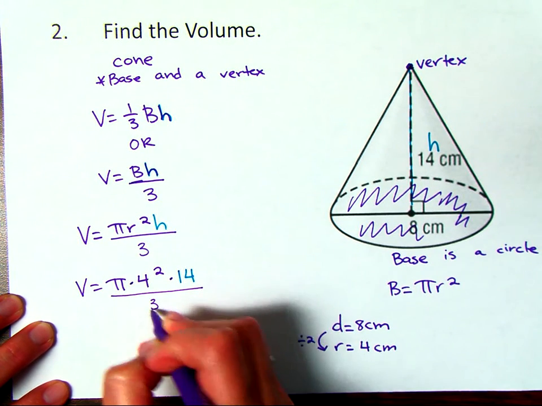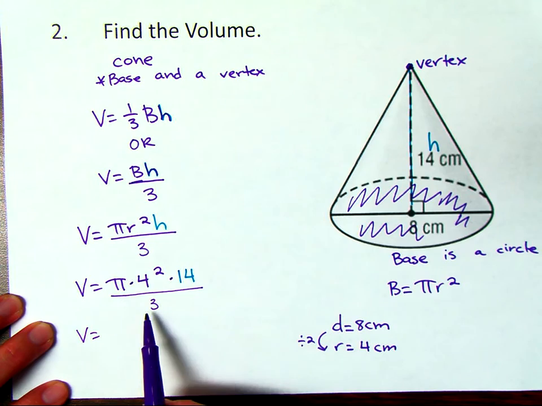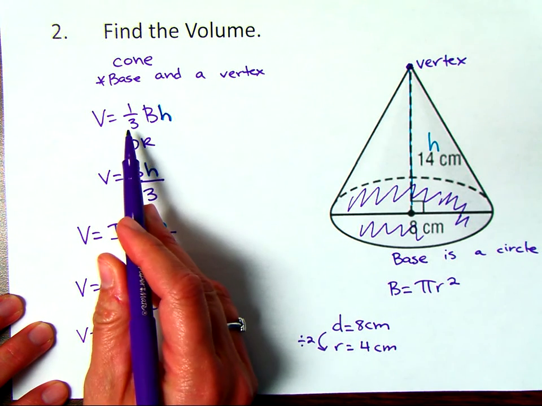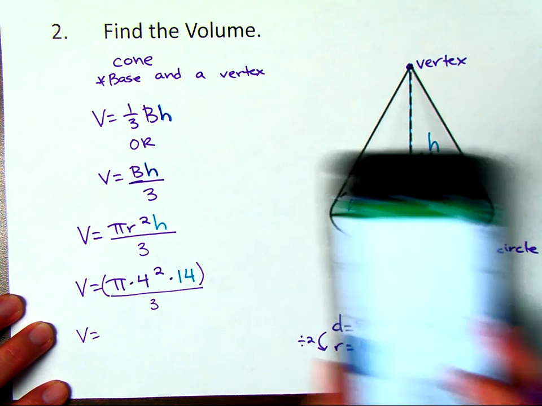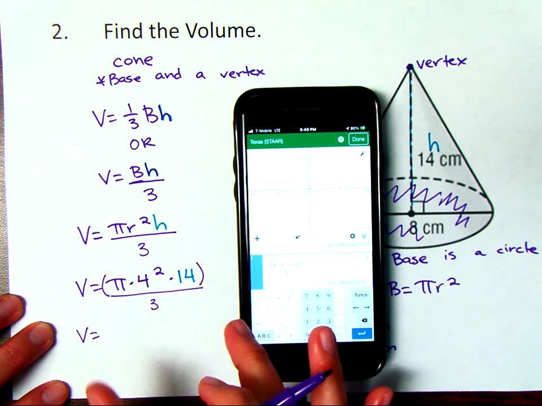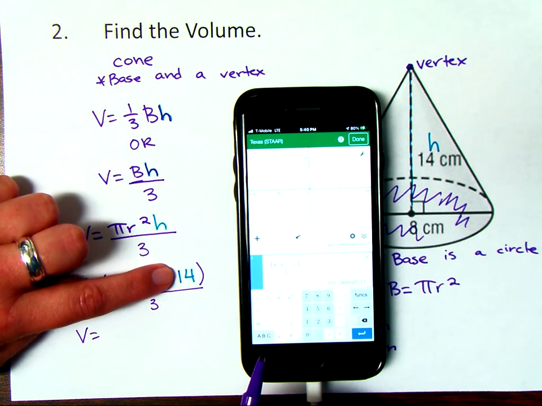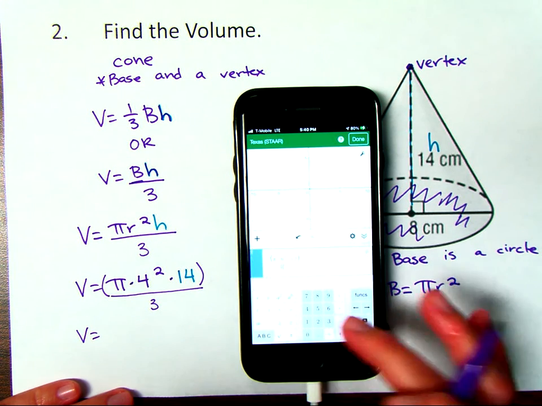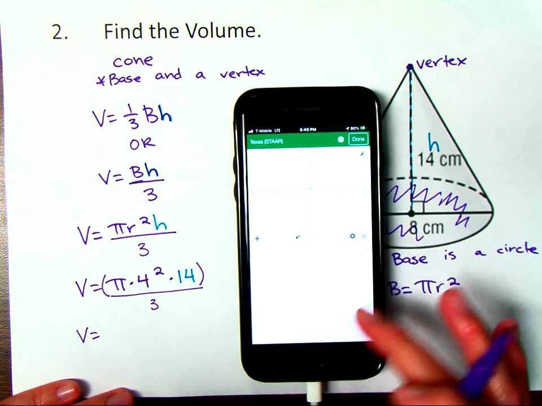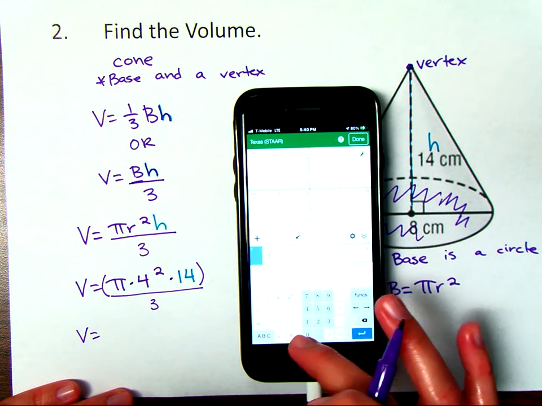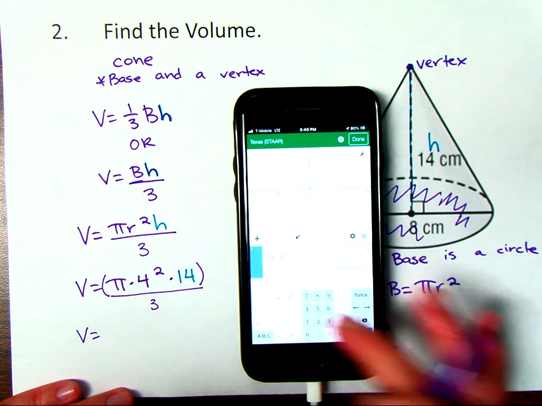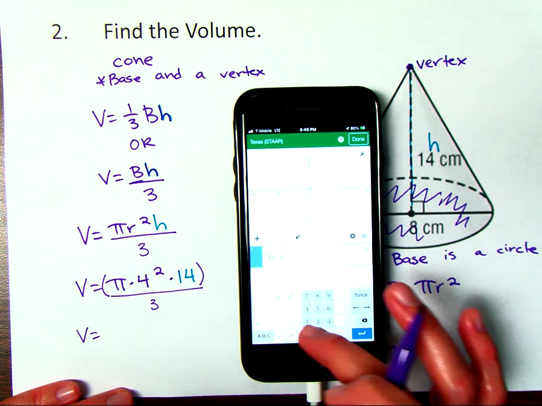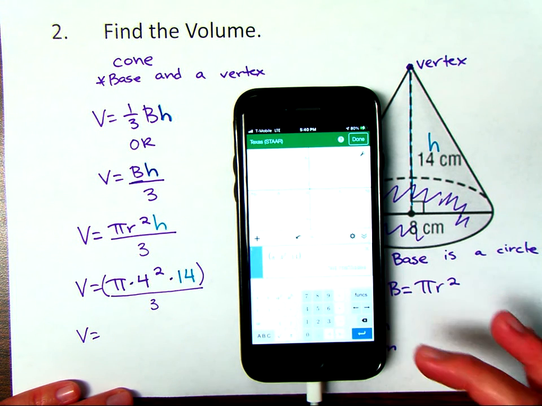And don't forget to divide by 3. Remember, dividing by 3 is the same thing as multiplying by 1/3. So make sure to put this part in parentheses so we can make sure that everything's divided by 3, because if you don't, the calculator might just read that last part as 14 divided by 3, throws the whole thing off. So we're putting everything for that numerator, pi times 4 squared times 14, in parentheses, and then close your parentheses.